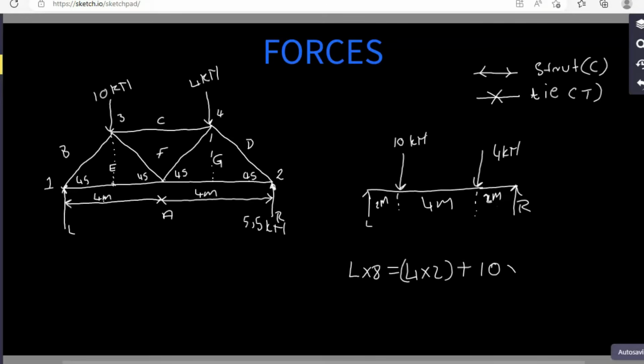The distance between R and 10 is 6. We're going to divide both sides by 8, which gives us the value of L as 8.5 kilonewtons. It's 8.5. We can erase this now.